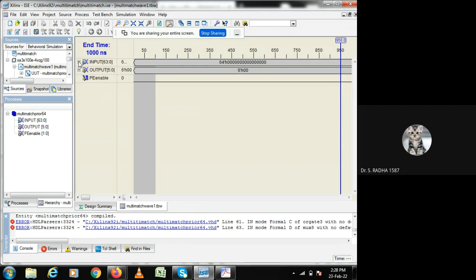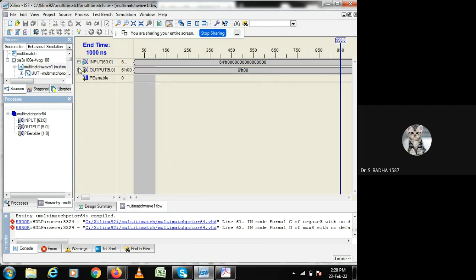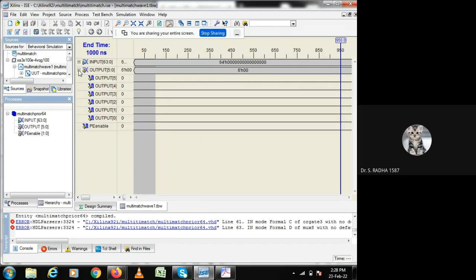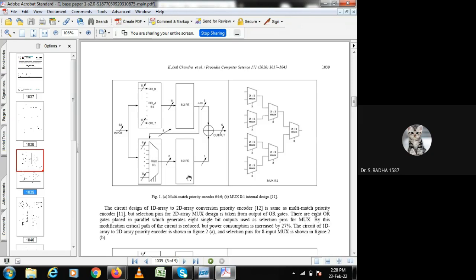The priority encoder enable means a 1-bit enable will come for the 8 by 3, and that's why I have put that. Otherwise, it is 64 bits input and 6 bits output.